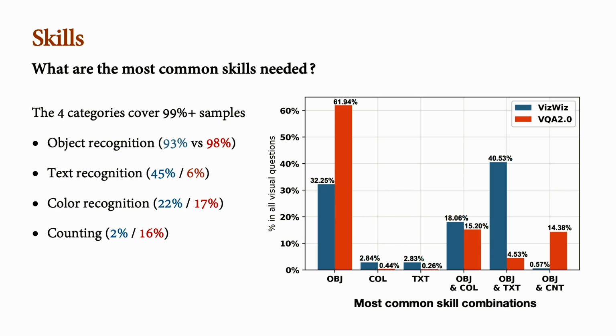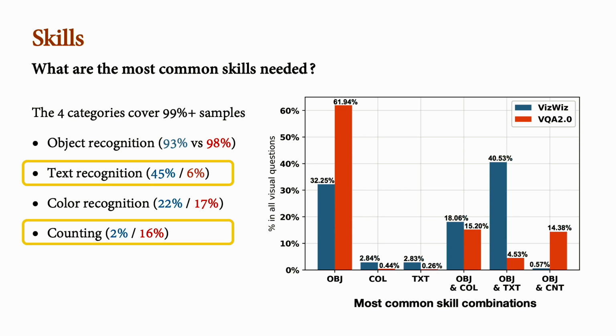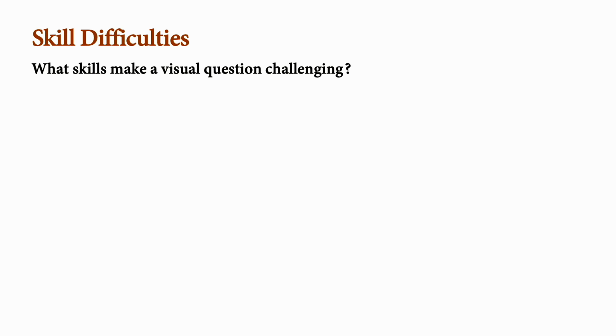Object recognition, as you probably anticipated, is the most common skill involved, but we found mismatch in some other skills. Text recognition is a very common skill in real visual questions, but very much underrepresented in the synthetic dataset used for model training. On the other hand, counting is a very rare skill in the real samples, but a lot more common in the other dataset.